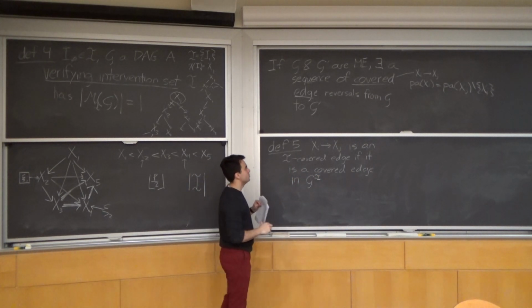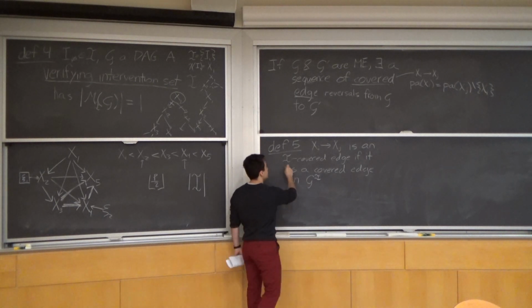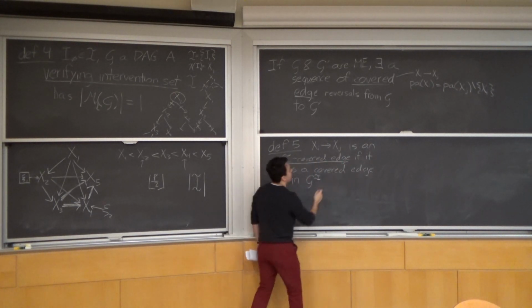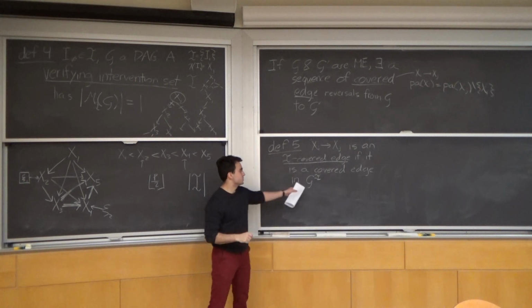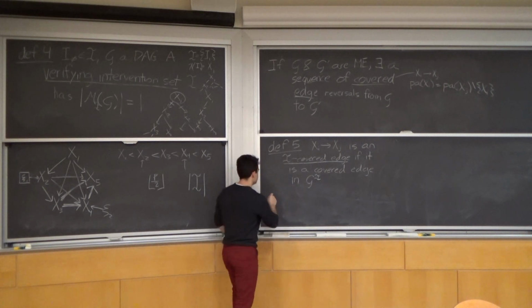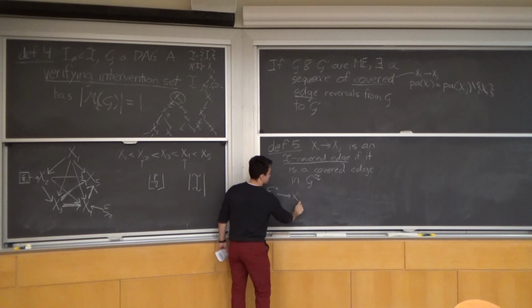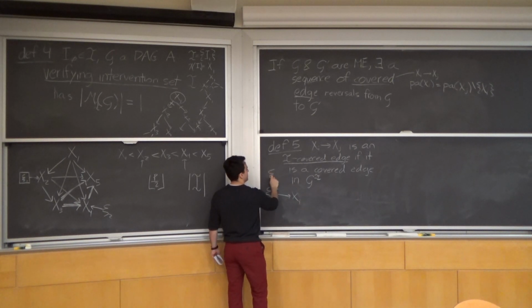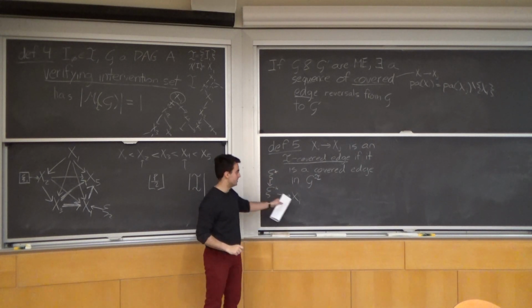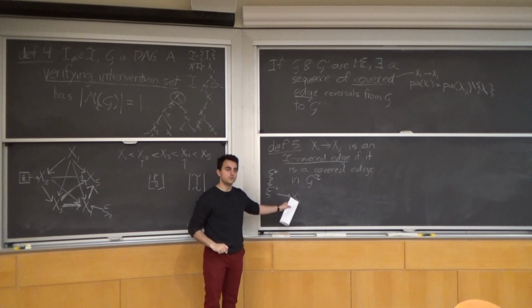And the reason that we don't even need to think about these additional edges in GI, these zeta k to xi edges, is because they'll never be covered, because we have this zeta star that only goes to this one, but never to the system variables.